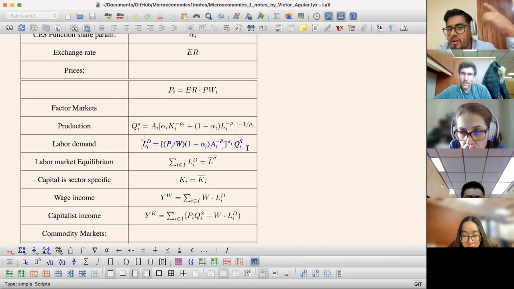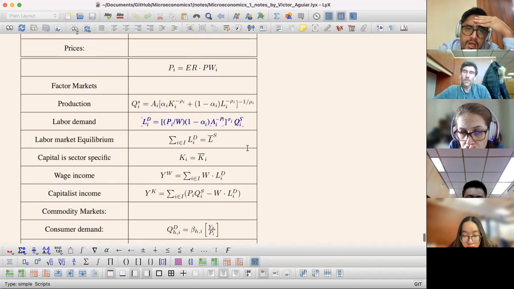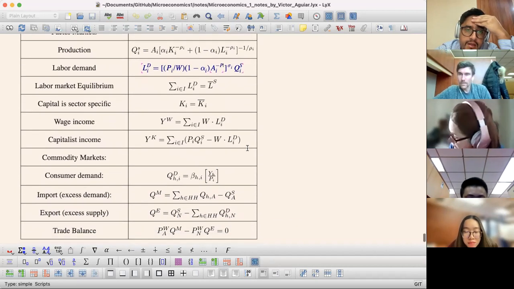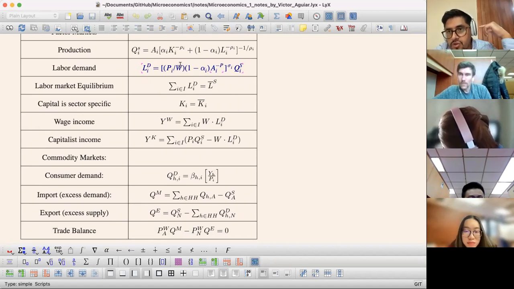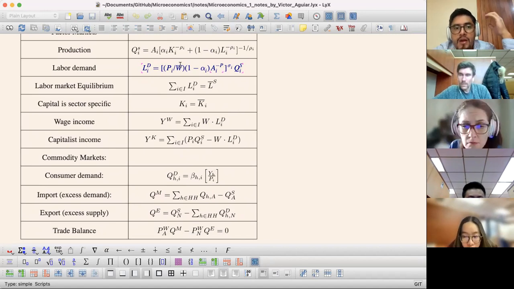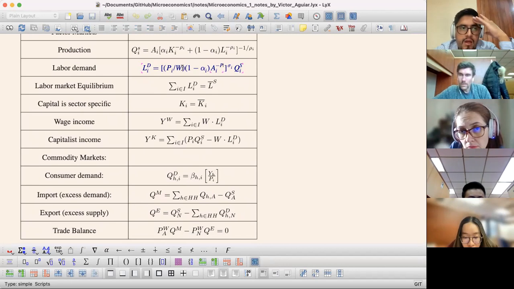This equation comes from the production function, and it's nothing fancy, just a parameterization. The important thing here is that labor demand will be decreasing in the price of labor, in wages. As wages increase, labor demand will fall.